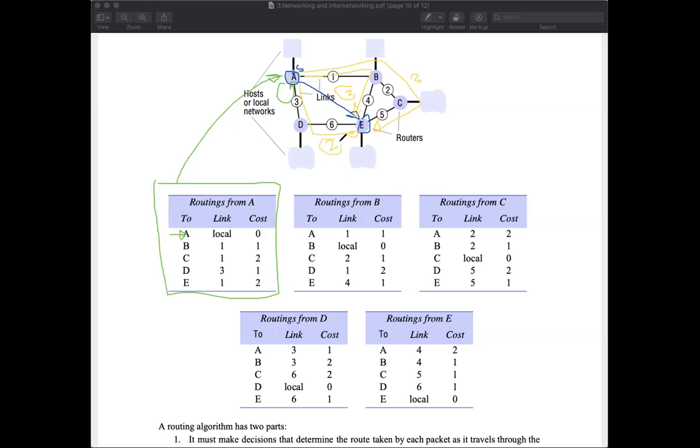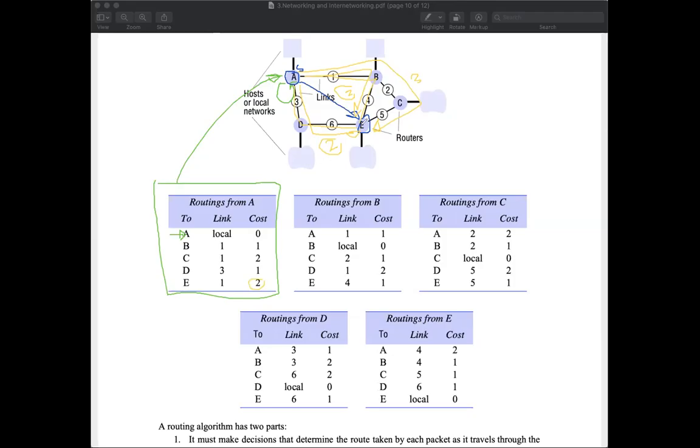You can pick link 1 or link 3 in order to transfer that packet from router A to router E. You can select this path or that path, but in both cases the cost would be 2.